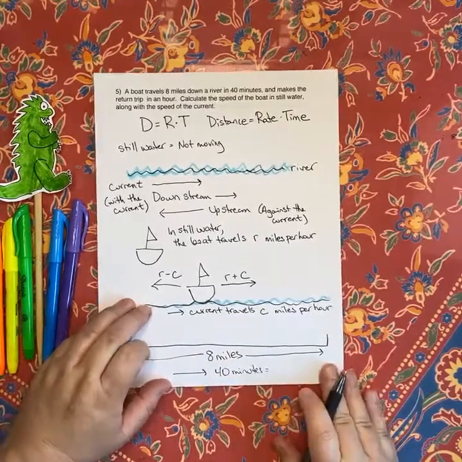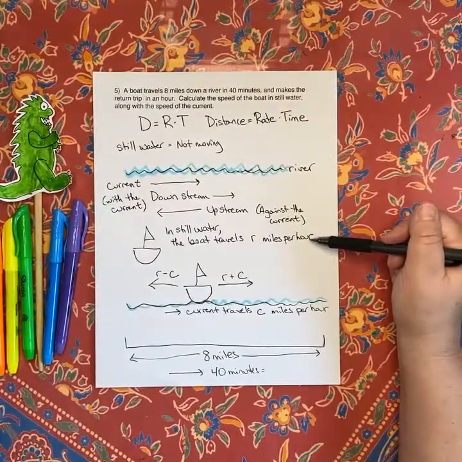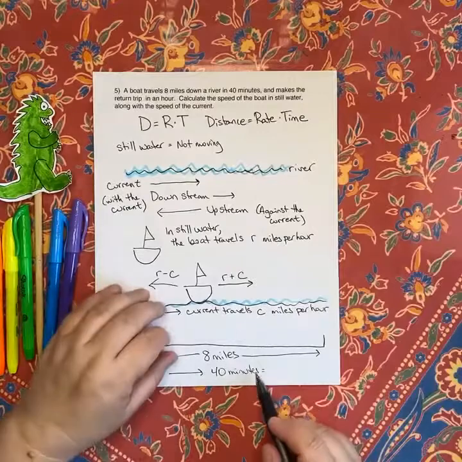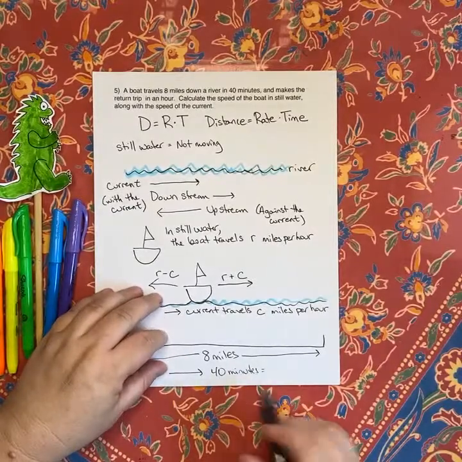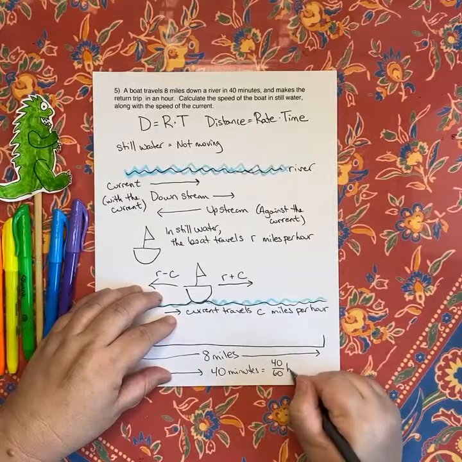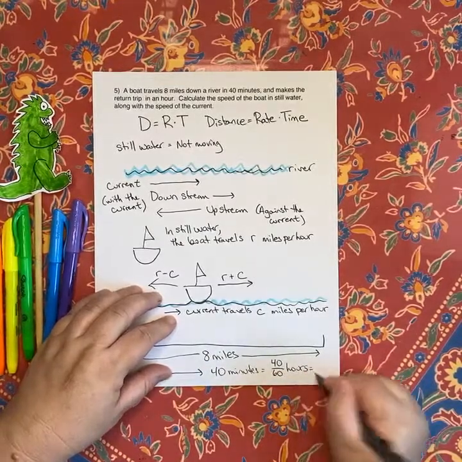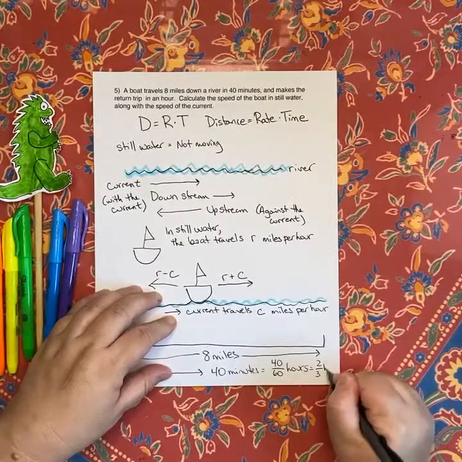And since I've either smartly or foolishly put it in terms of hours, I'm going to convert this to hours. So 40 minutes is 40 out of 60 minutes, 40 over 60 hours. And that translates to 2/3 of an hour.